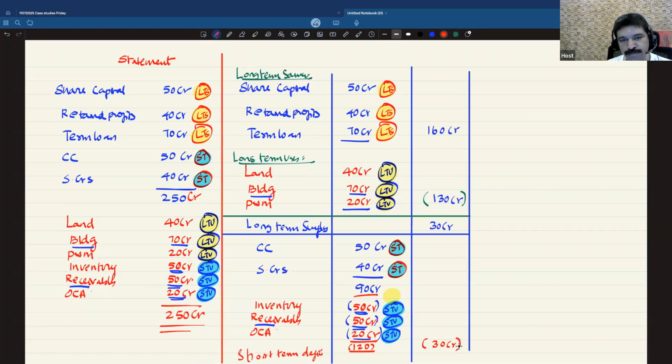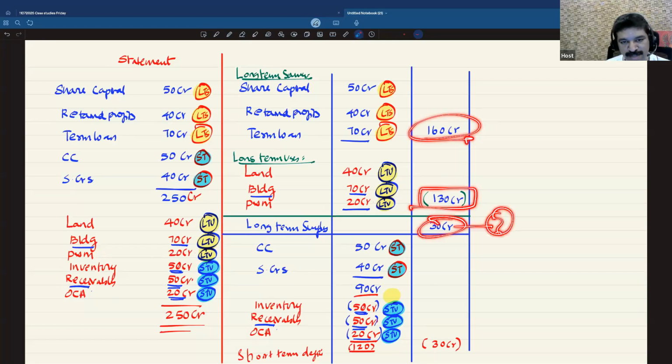Okay. Now look at this beautiful statement. This statement shows they had a long-term surplus of 30 crore. You are asking where that 30 crore went. That 30 crore went to support this shortage. Is this clear? All of us had this question, no? They made 160 crore. They have spent only 130 crore. There was a surplus. Where is the money?